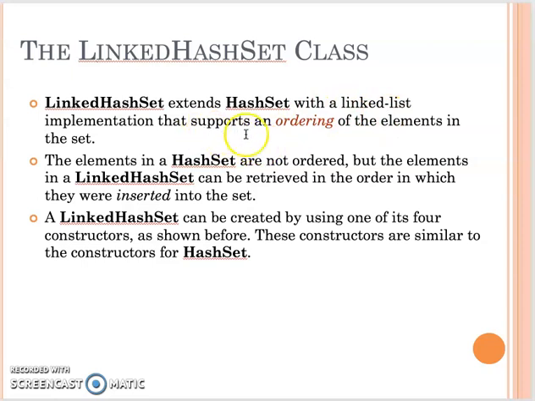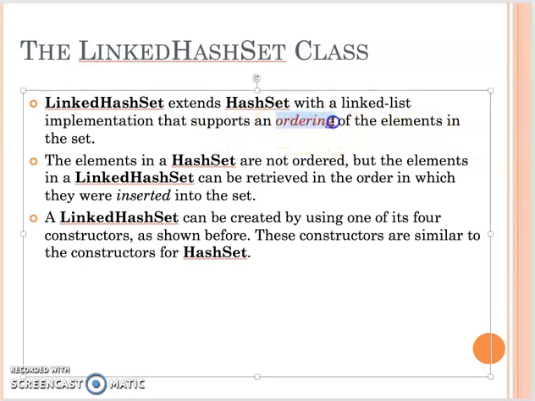That's how it can support the ordering of the elements, and the ordering is according to the insertion order. The elements in the hash set are not ordered by insertion; they have their own order, according to the hash code. The elements in the linked hash set retain the order in which you inserted them into the set.